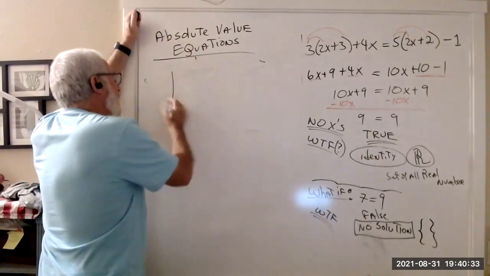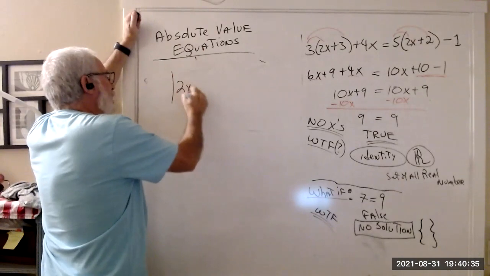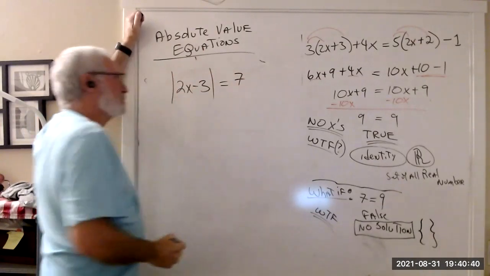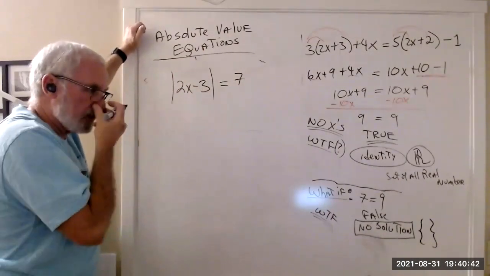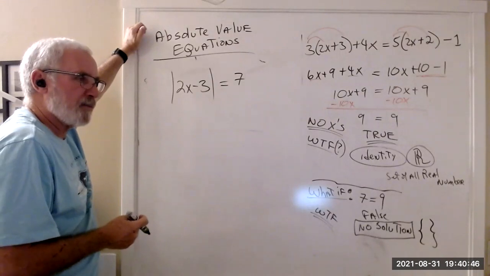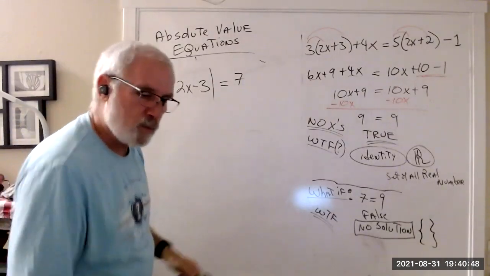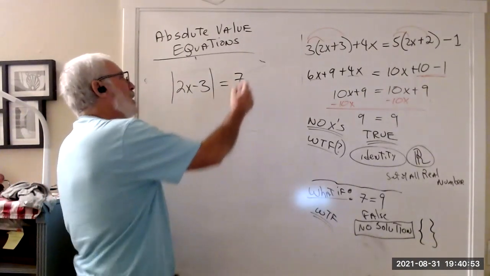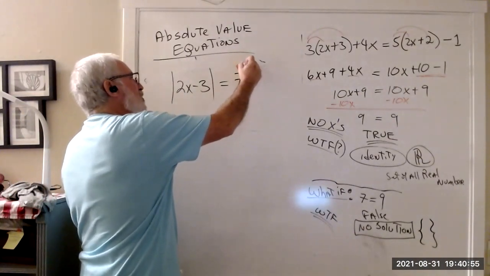Okay? Well, that has some major implications. What if I gave the absolute value of 2x minus 3 equals 7? The thinking you must do is you must say, oh wow, the answer is 7.